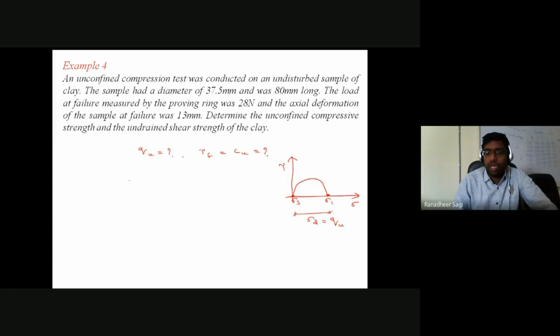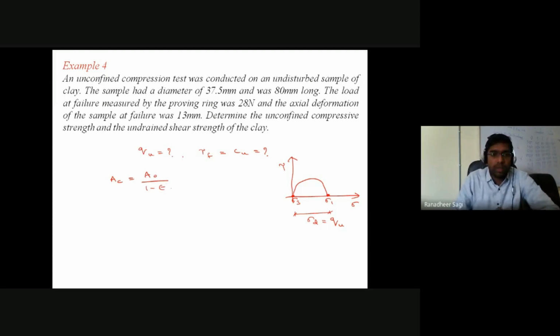But if you can recall, when we discussed your UC test, we said we are going to take into consideration the change in cross-sectional area as you continuously cause shearing in the soil sample, where the correct cross-sectional area is equal to your initial cross-sectional area divided by 1 minus epsilon.